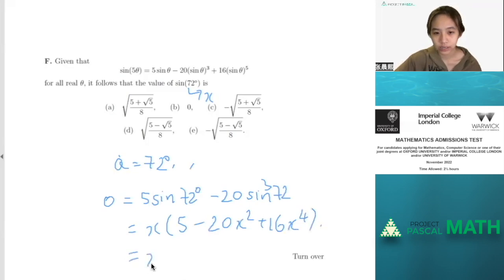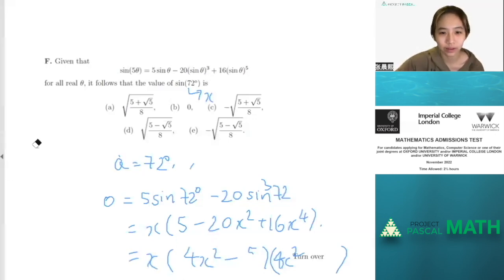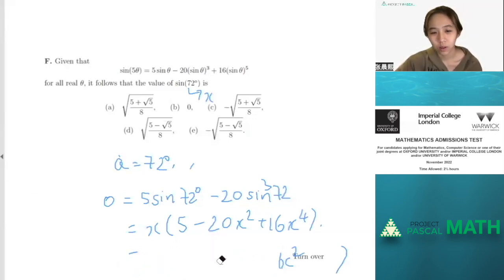And you factorize, and this gives you 4x squared minus... how would you factorize it? I don't think so. Okay, well, the x itself clearly can be equal to 0.